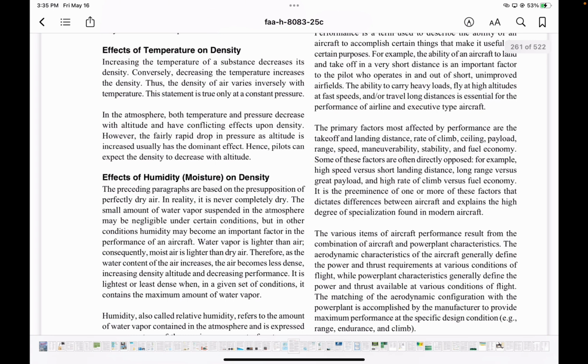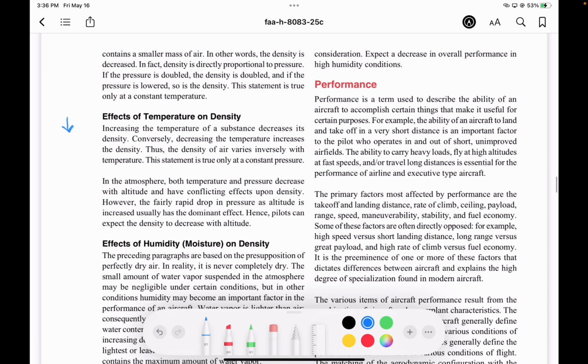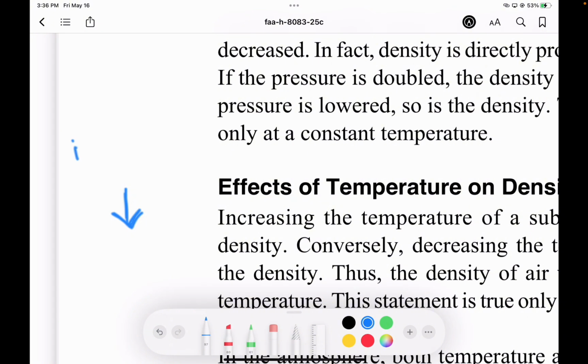So this is a decrease in performance. I'm actually just going to write everything down for you because I feel like you need it. So I'm going to put an arrow, means, okay, increase in temperature. We'll put T as in temperature. If you increase your temperature, you decrease performance.